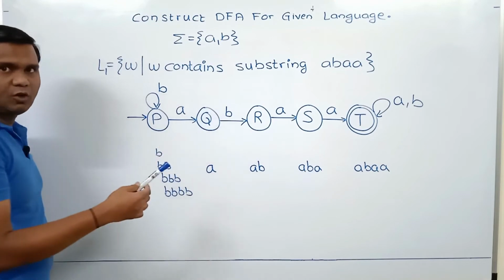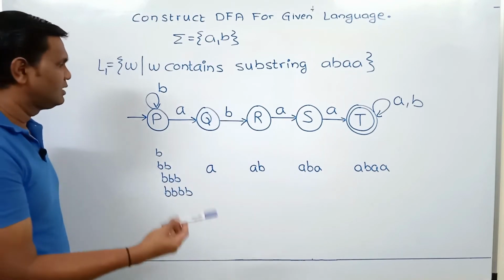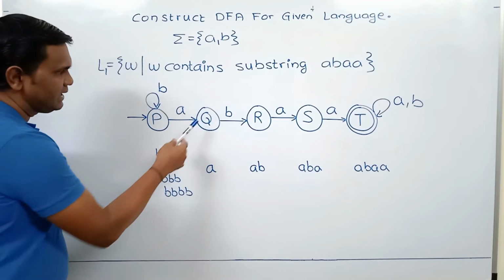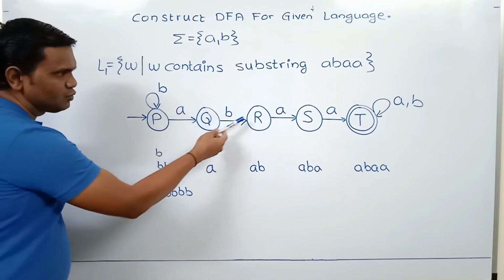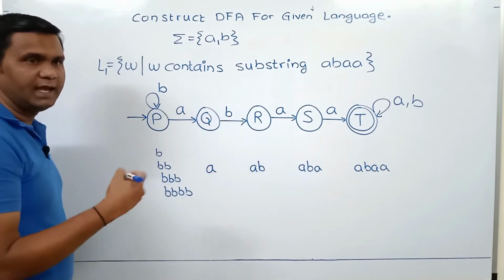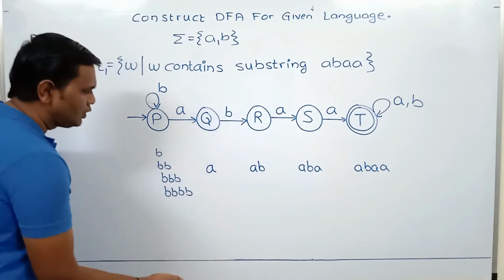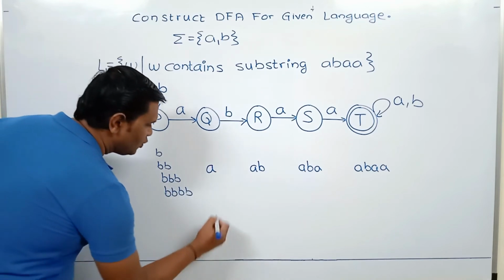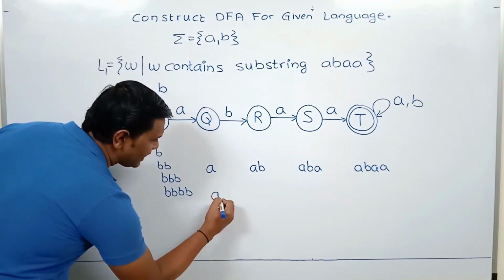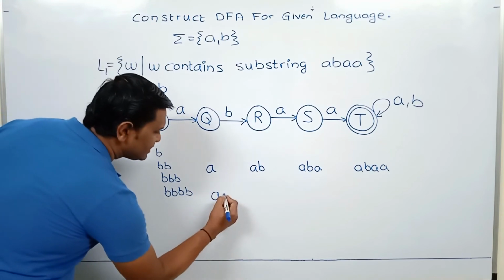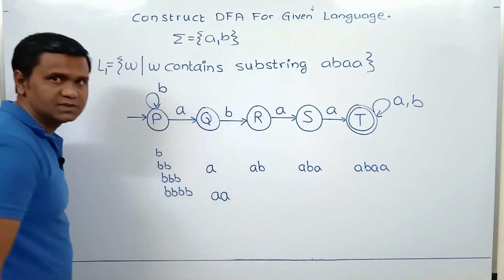Now let's complete all the transitions. We have to calculate all the transitions. At state Q, if B comes, we go to state R. But what if A comes? So here, when we are in state Q, the last seen symbol is A. And we are checking what if another A comes.